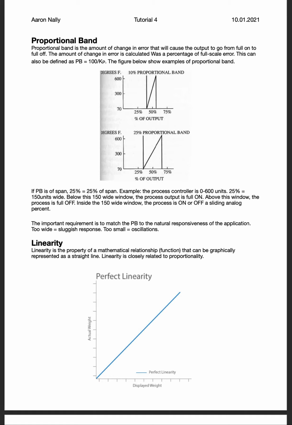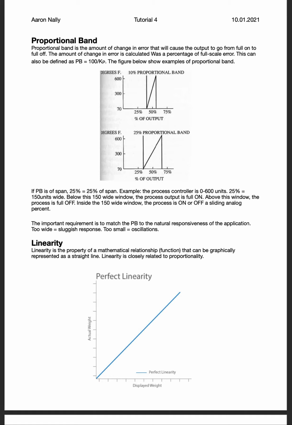So if the PB is a span of 25%, which is equal to 25% of the span. For example, the process controller is 600 units, so 25% is 150 units wide. Below the 150 units wide window, the process is full on.